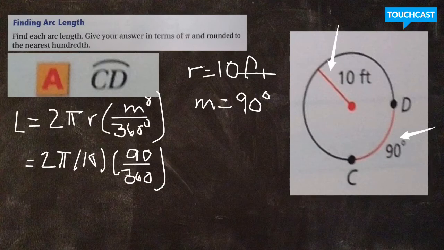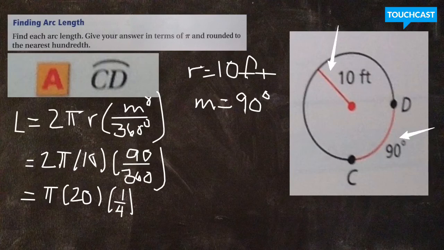Now we can go 2 times 10 and get 20, so we've got pi times 20, and then 90 over 360 we can simplify to 1 over 4. Now if we multiply 1 over 4 by 20, that gives us 5. So in terms of pi, the arc length is 5 pi feet.